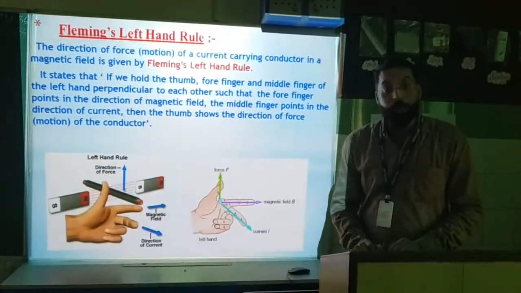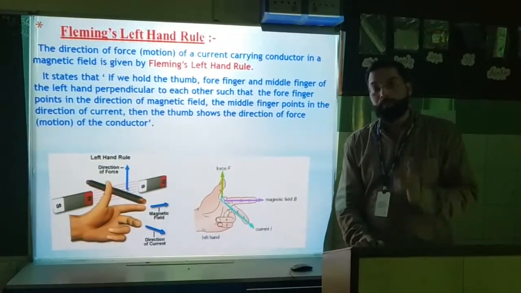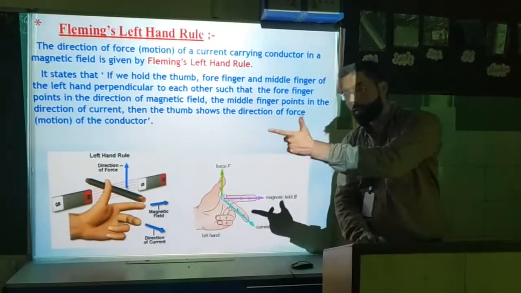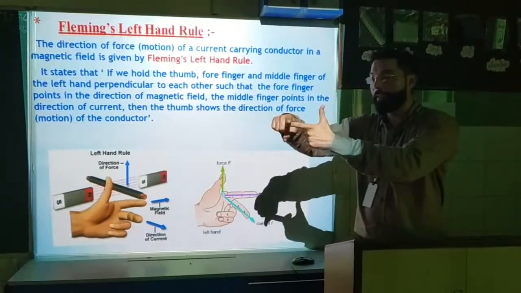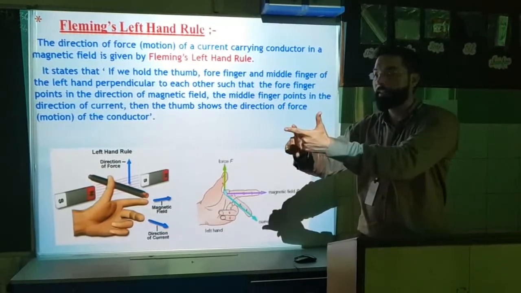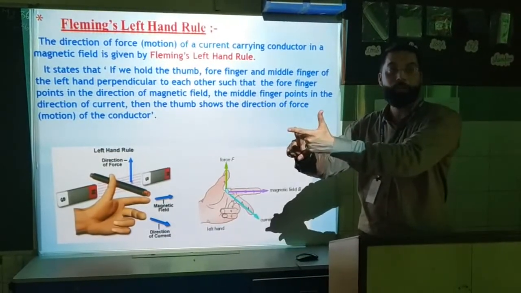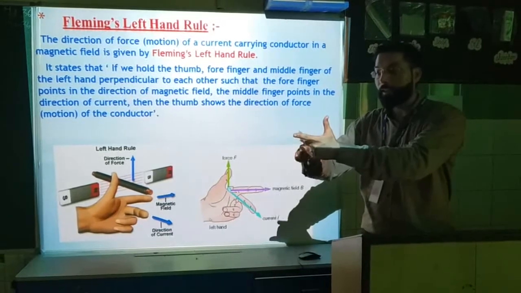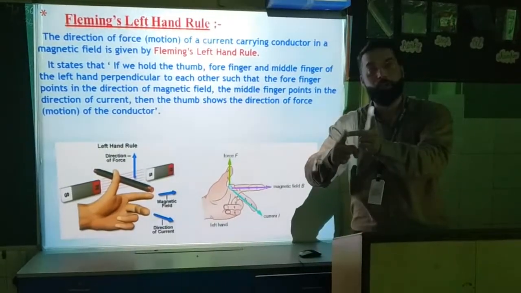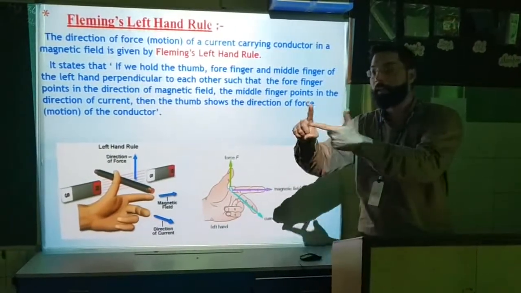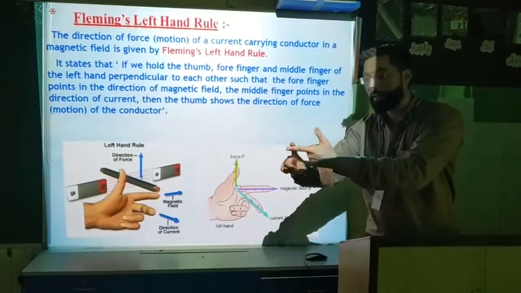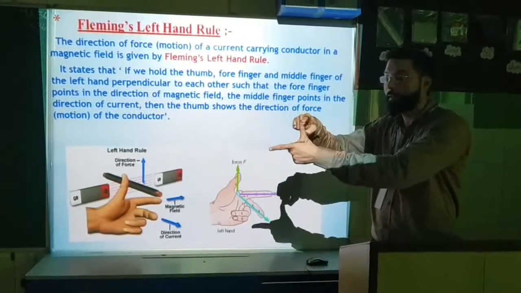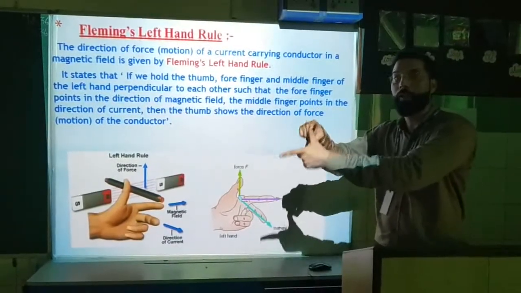Now, what is Fleming's left hand rule? First of all, stretch your left hand such that the thumb, first finger or forefinger, and central finger are perpendicular to each other, such that the central finger shows the direction of electric current and the first finger shows the direction of magnetic field. Then the thumb shows the direction of force or motion.